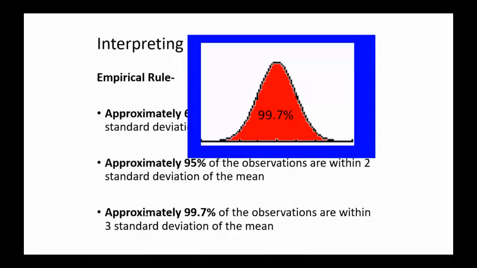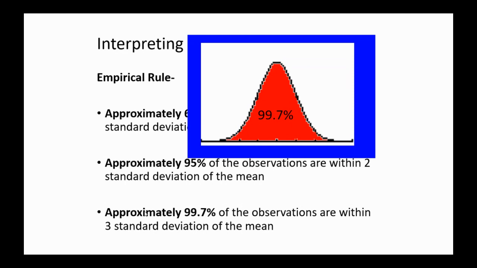Why is there a decimal on the last one? To show that there's only 0.3% that isn't captured here. To show that almost all of your data will be within three standard deviations, if it's normal. There's only that slim 0.3%.